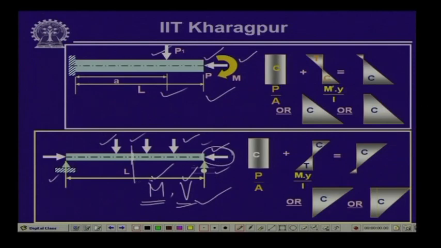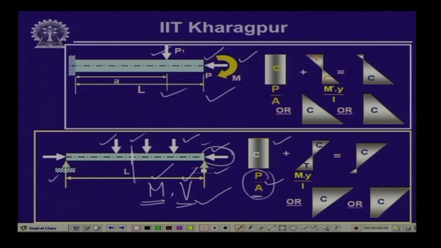When a member is subjected to axial load, it is subjected to a normal stress, which is P by A, and since the load is compressive, the stress also is compressive and is uniform throughout the cross section.